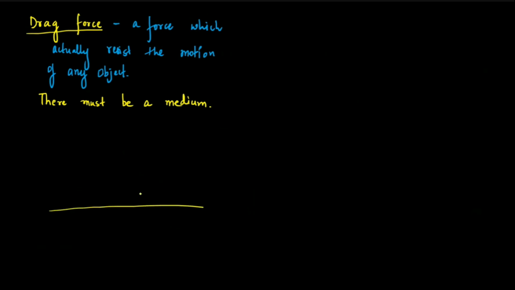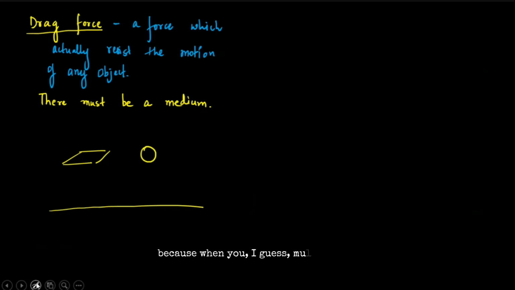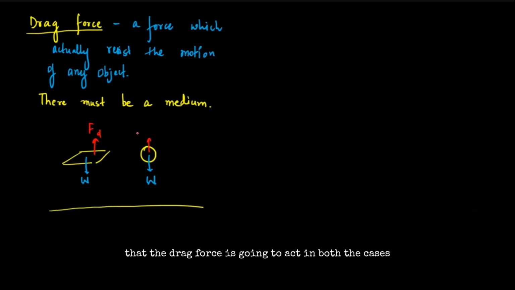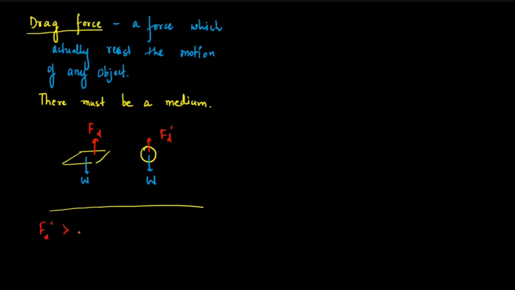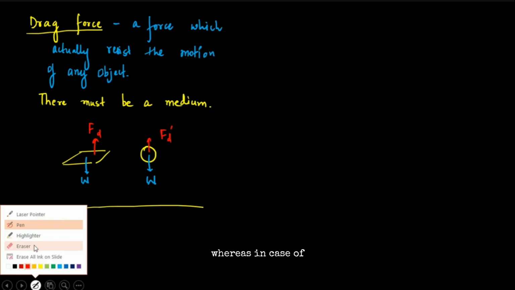The reason the ball will reach first is that when you multiply its mass with the gravity, its weight is more. Yes, that is one case. But another case here is that the drag force which is going to act in both cases is going to be different. In the case of paper, this drag force is going to be very high, whereas in the case of the ball, the drag force is going to be very small.